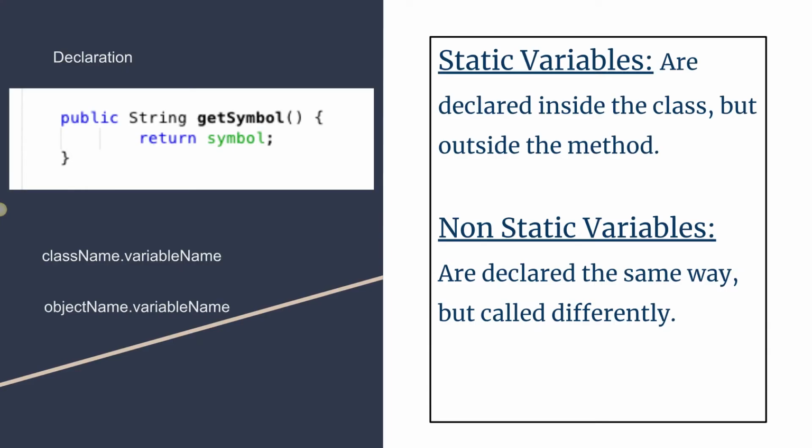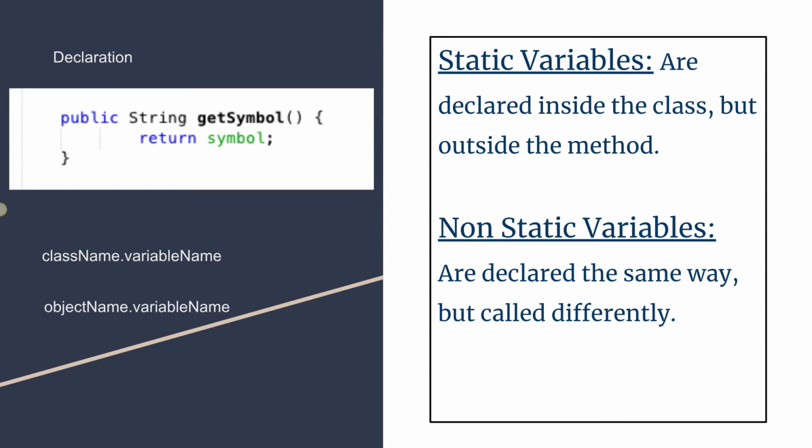Let's start talking about static variables. These variables are declared inside the class but outside the method. And these static variables, they do not change, and they can be used anywhere in my program. Any class or any method can use these variables.